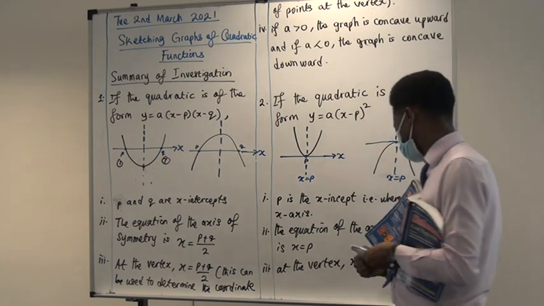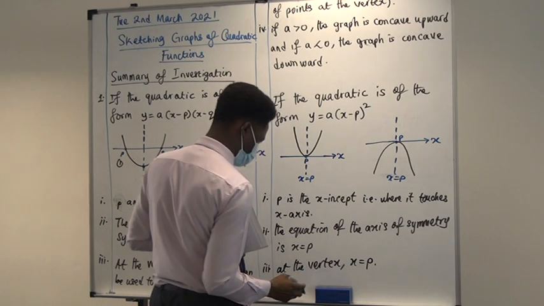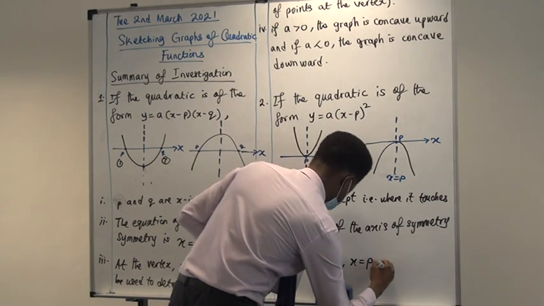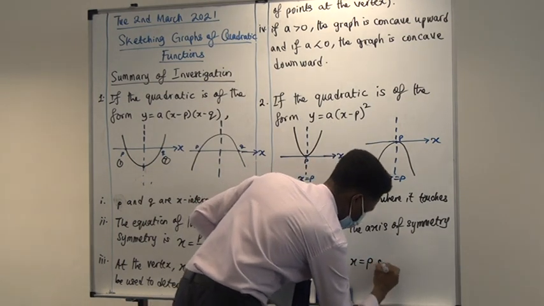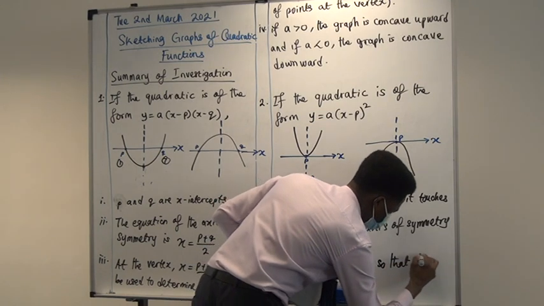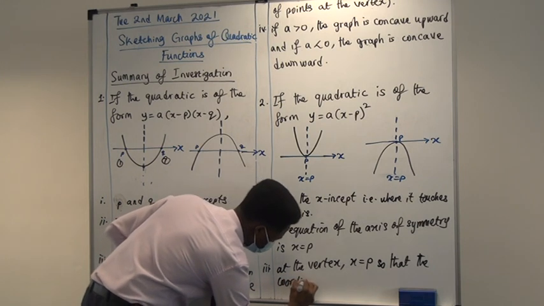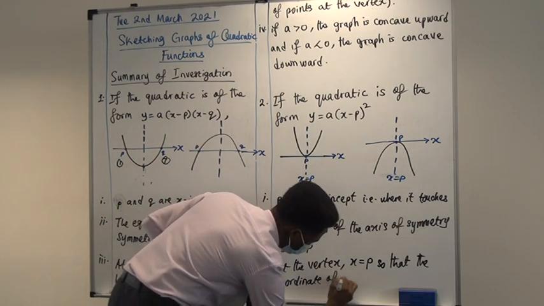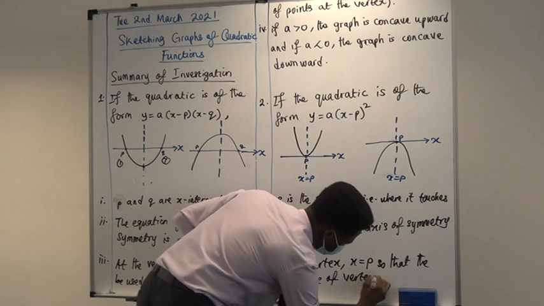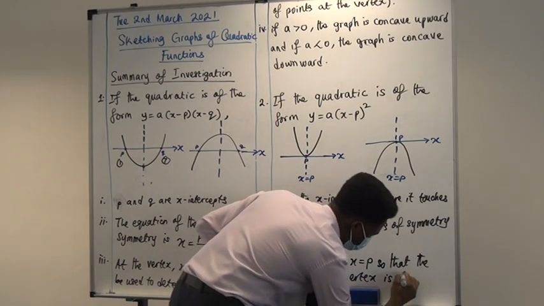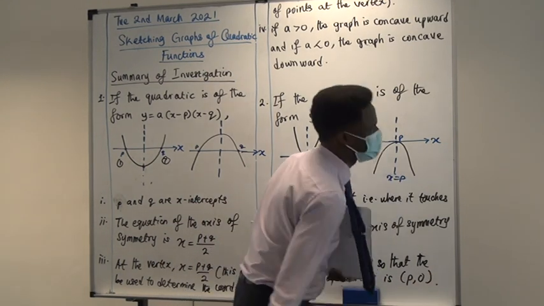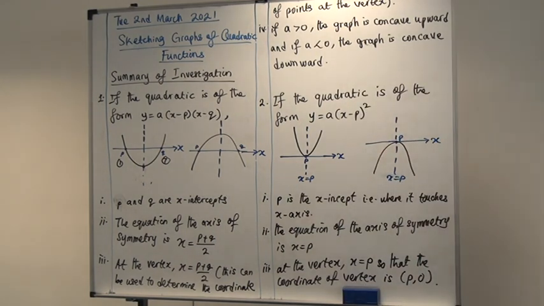So the coordinates of the vertex is P comma 0, because touching the X-axis means Y is equal to 0. Am I making sense, please?